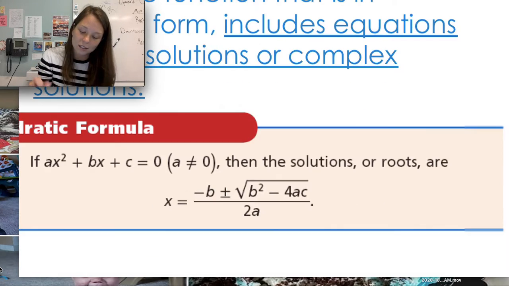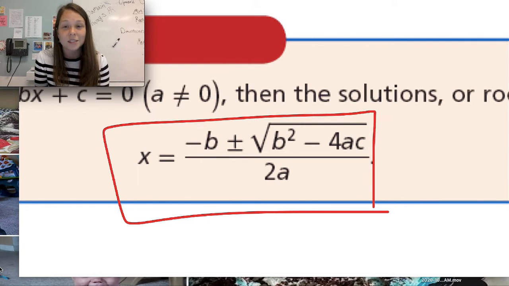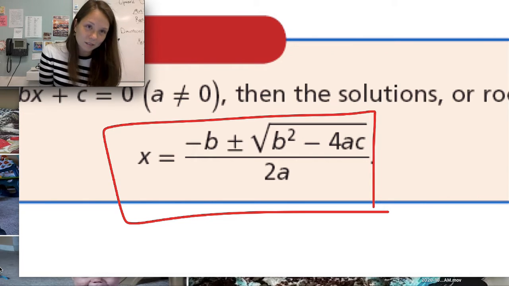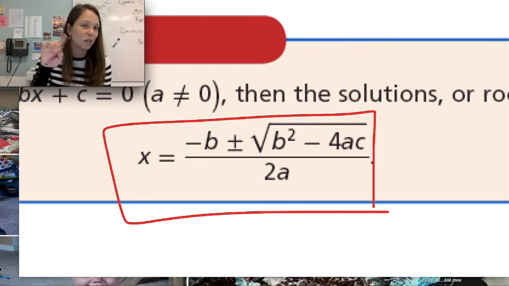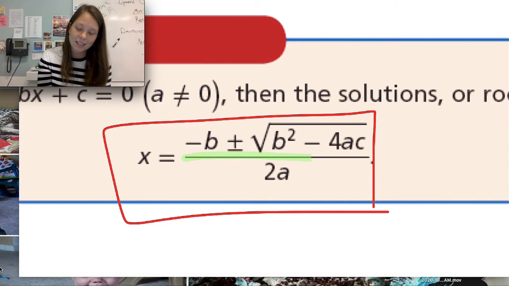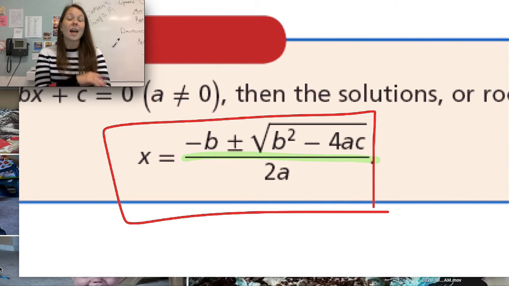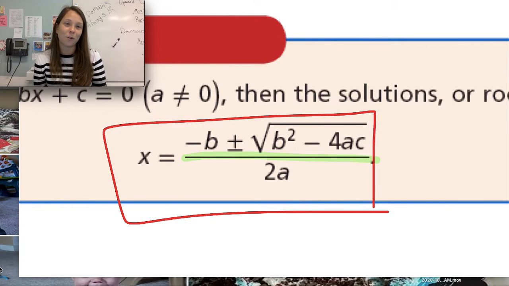And here it is. x equals negative b plus or minus the square root of b squared minus 4ac, all divided by 2a. I really want to emphasize, because the number one mistake students make with the quadratic formula every single year is they forget that that division bar is all the way across the negative b plus or minus the square root of b squared minus 4ac.